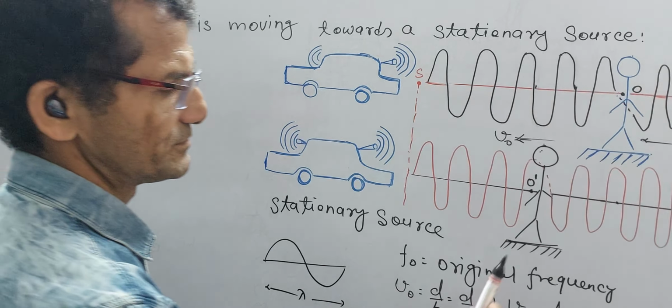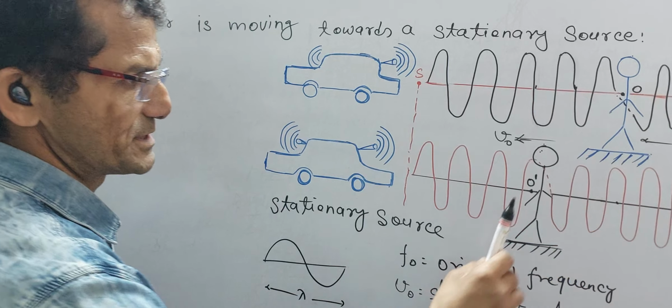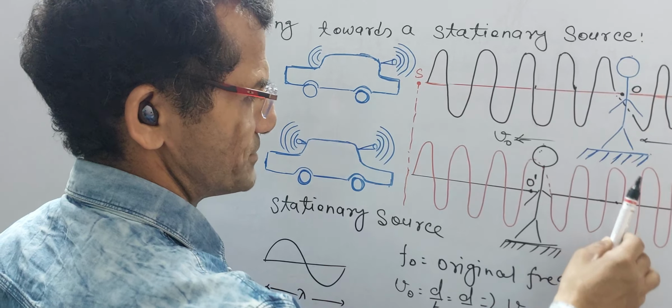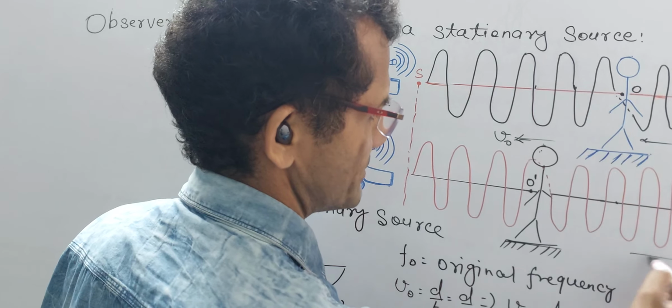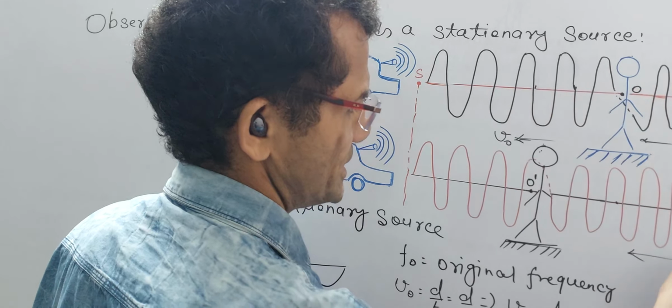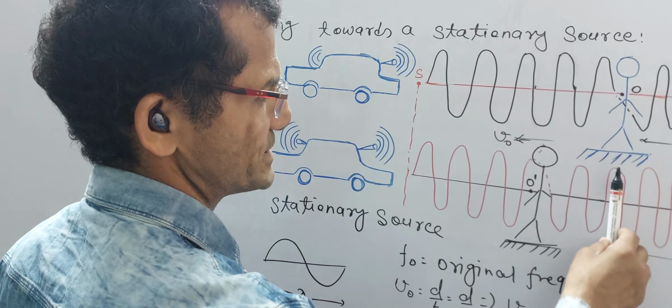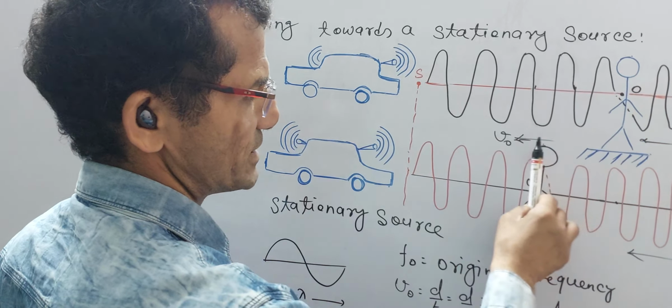In 1 second, the observer receives the waves contained in the medium in these regions, plus some extra waves which are residing between this point and this point.